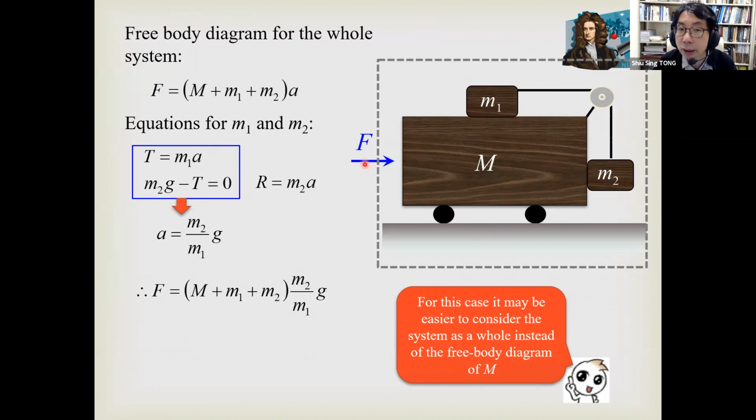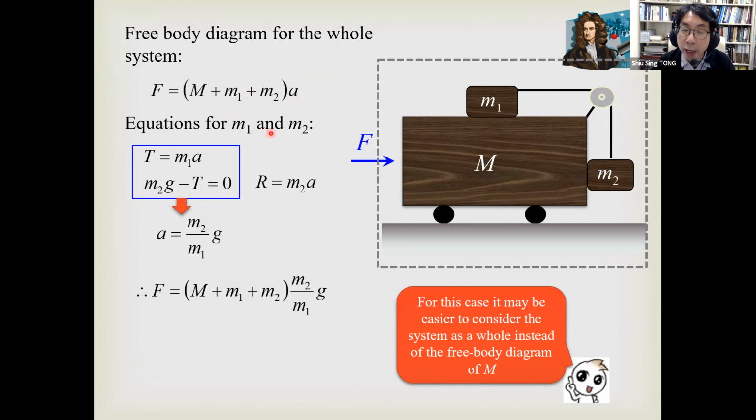The external force is the force pushing the trolley, that is F. And Newton's second law written for this system will be F equal to the total mass of the system, which is big M plus small m1 plus small m2, multiplied by the common acceleration a. So this is the equation for the system as a whole.